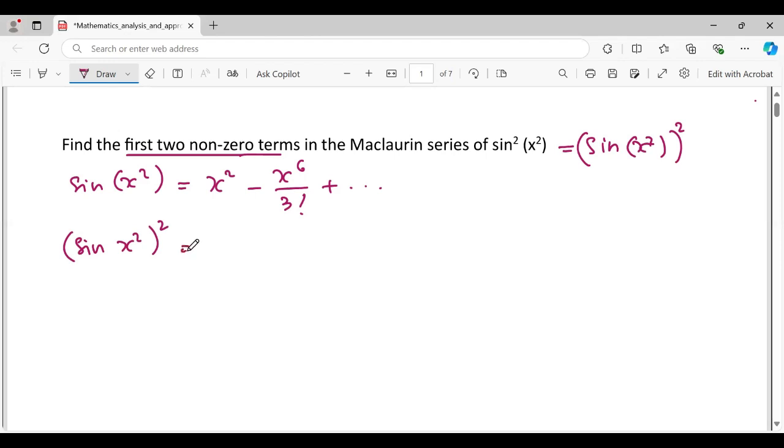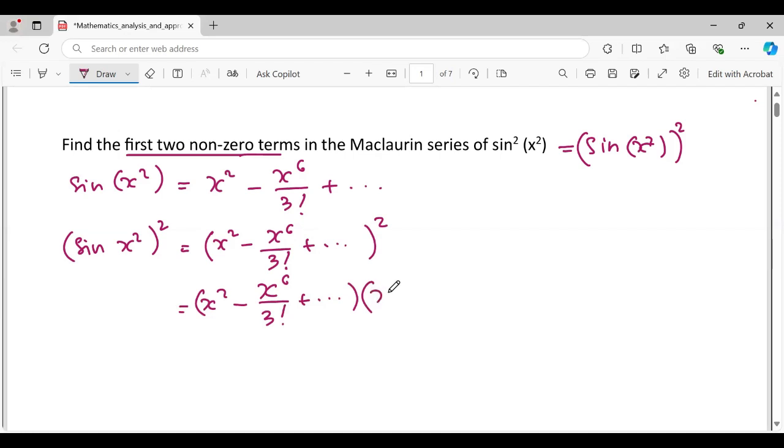And then for the Maclaurin series of this expression, we can find it through the Maclaurin series of sine x squared, squared. So it becomes x squared minus x to the power 6 over 3 factorial, multiplied by x squared minus x to the power 6 over 3 factorial.